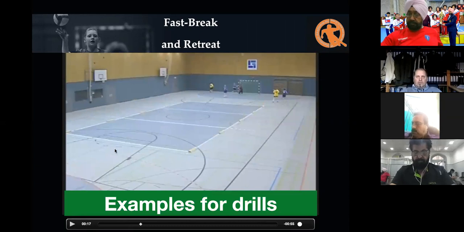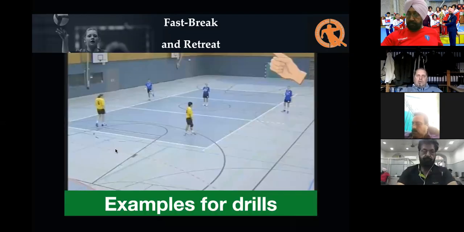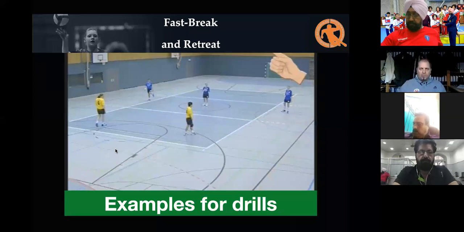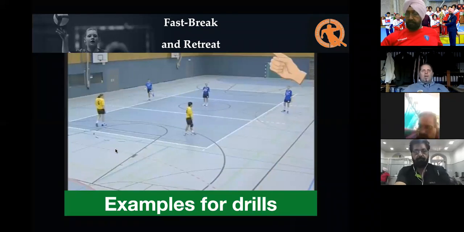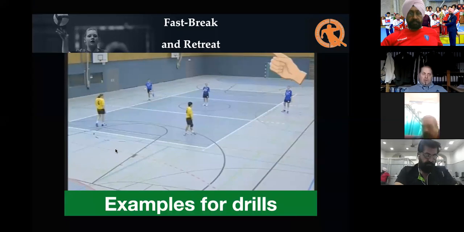Okay. Now in the next, you will see a small variation, which is quite popular in European countries like Germany, because very often, especially in the winter time, we cannot play outside. We have to go indoors, and in this moment we don't have a full court every time.